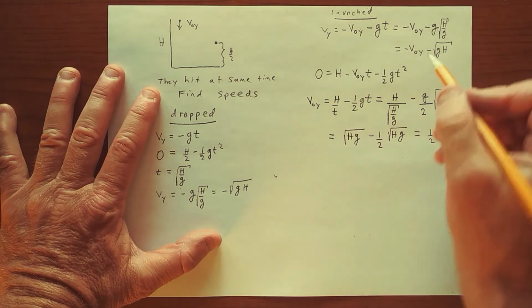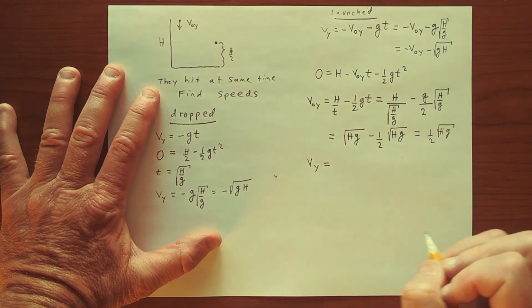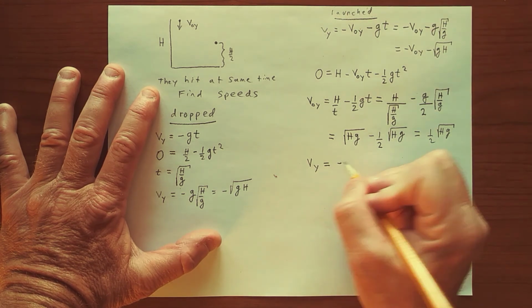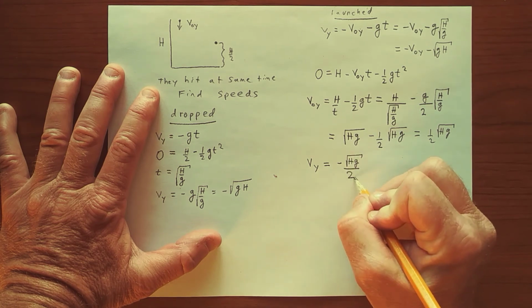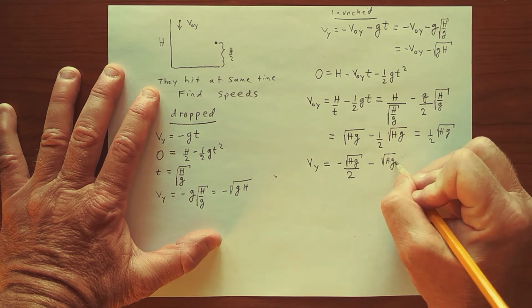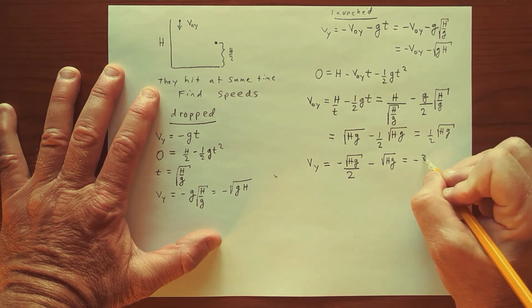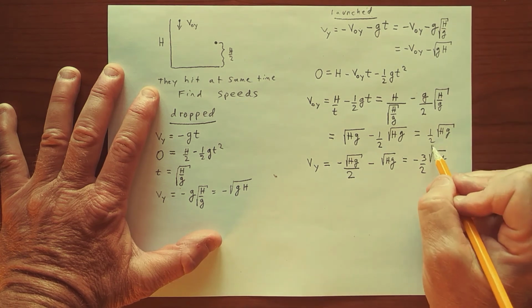So we have the v naught y, we plug it into there, and we get our Vy, which is minus the square root of hg over 2 minus the square root of hg, which is minus 3/2 the square root of hg.